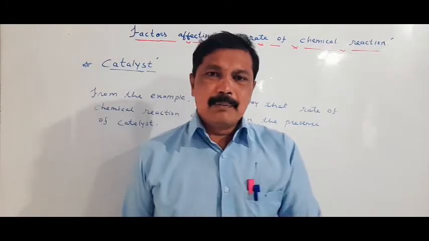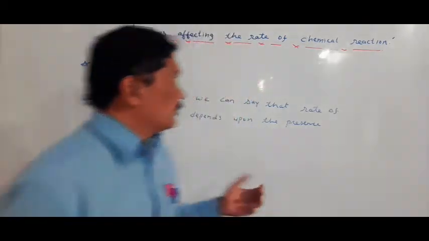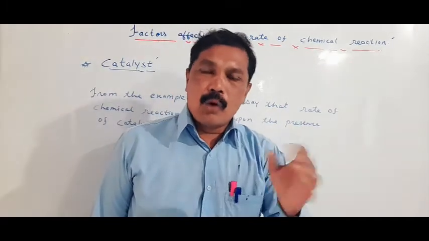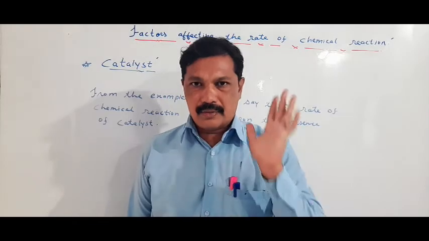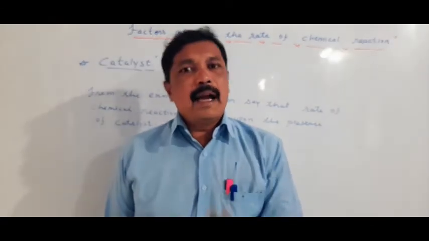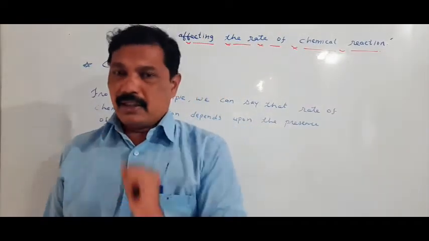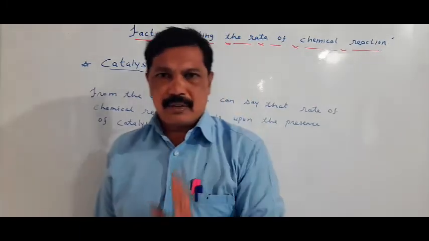The next example which we have taken under the heading factors affecting chemical reaction was temperature of reaction. If we keep calcium carbonate at room temperature, there is no reaction.